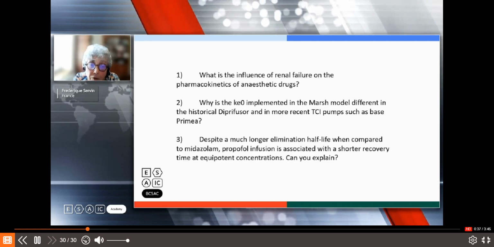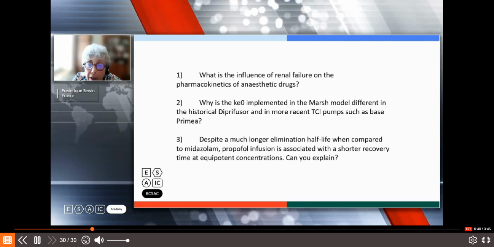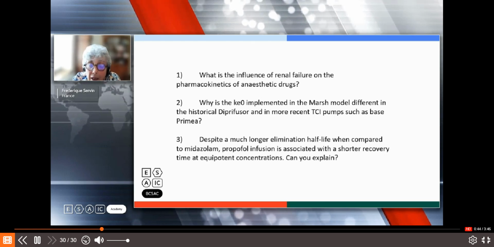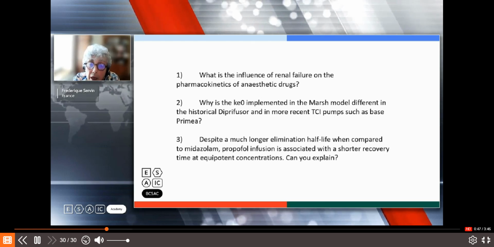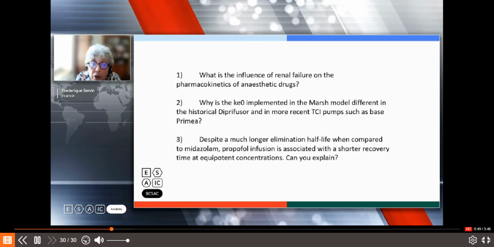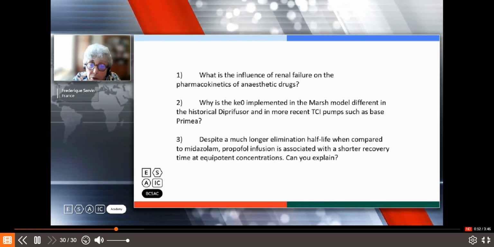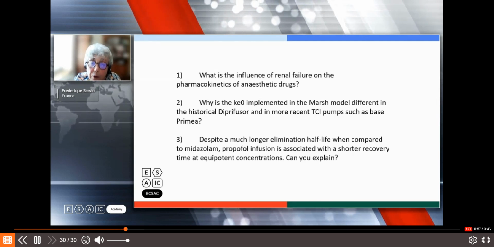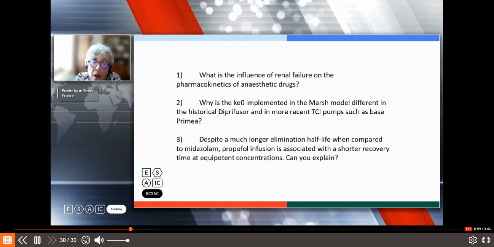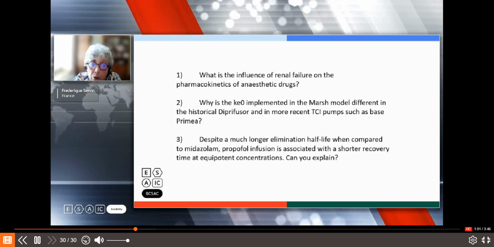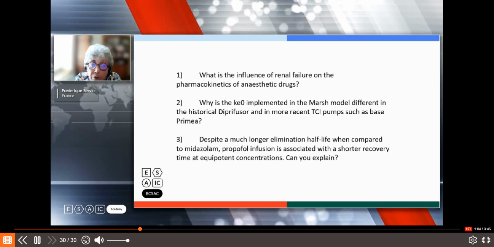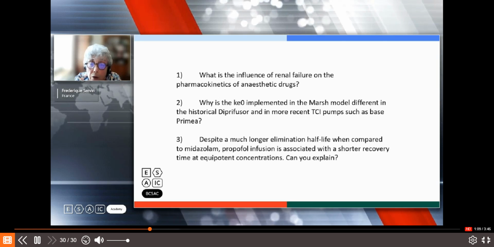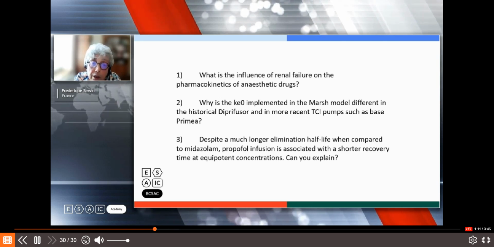Of course, this is different for muscle relaxants. But anyway, renal failure may have an influence because patients with end-stage renal failure have hemodynamic problems. They are very often hypertensive, cardiac, and so forth. So these may have influence on the pharmacokinetics of anesthetic drugs, but not the glomerular filtration rate per se.